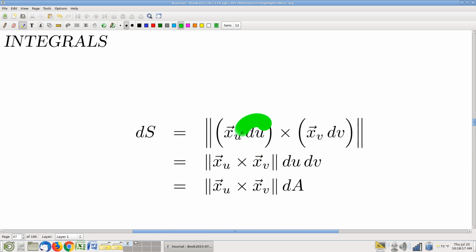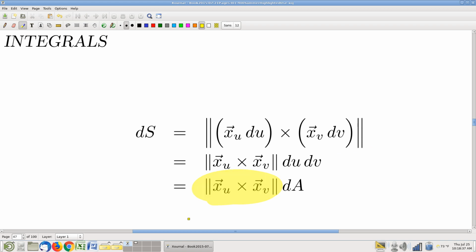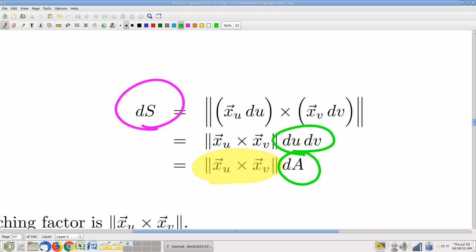Scalars factor out. This scalar factors out there. This scalar factors out there. And notice all you're left with is this weird little formula here: the length of the cross product of the partial derivatives of the parameterization. And as we wanted, this gives us the area of the output piece as a multiple of the area of the input piece, du dv. So said differently, this is our stretching factor.